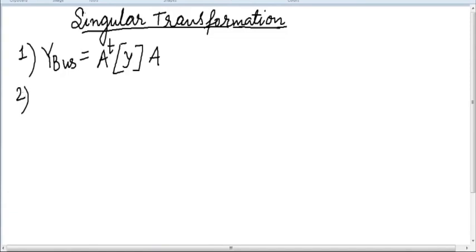Here we are going to make use of the matrices that we have solved in our first part. The first matrix that we solved was the bus incidence matrix, the element node incidence matrix, and with the help of that we have written the bus incidence matrix.